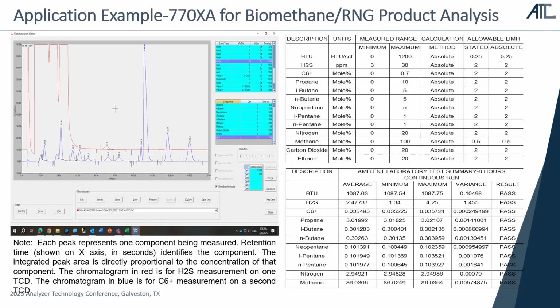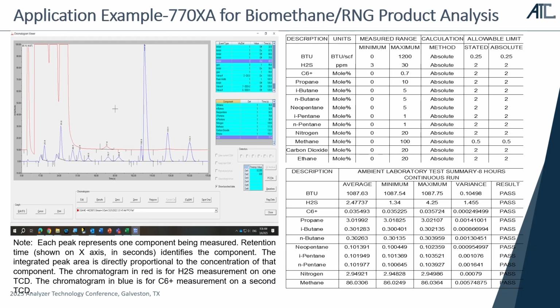And now we see on the chromatogram, there are 2 chromatograms. And for each TCD, it has a dedicated chromatogram for it. The one in blue is the TCD that is used for the C6 measurement. So you can see all the peaks for those components. The other chromatogram in red is dedicated to H2S measurement.